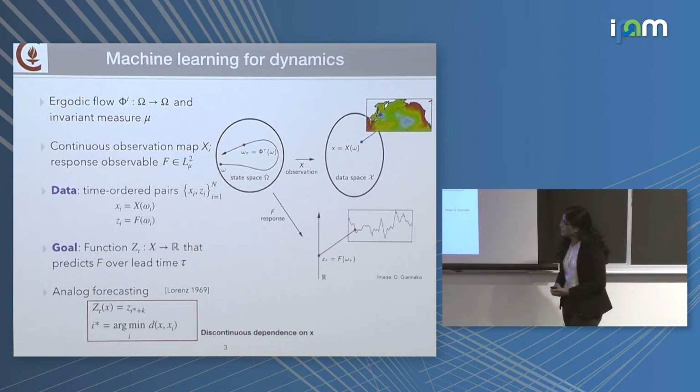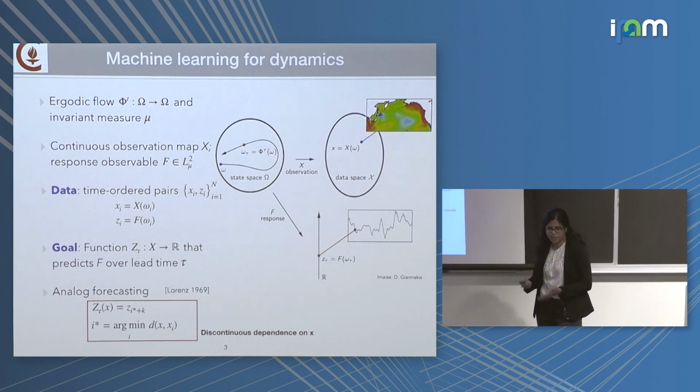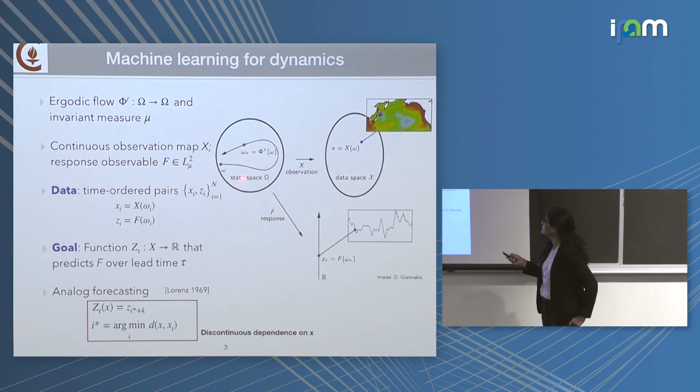So the setting we're working with is an ergodic, possibly nonlinear flow, with state space omega that we cannot access. We denote the flow map on these dynamics by phi t. And we assume there's an invariant probability measure mu on this state space omega.